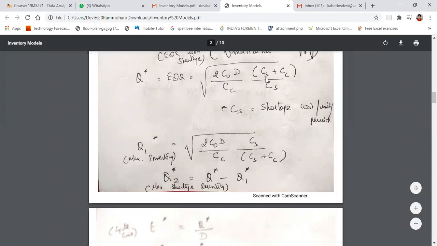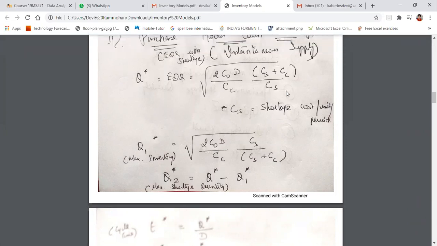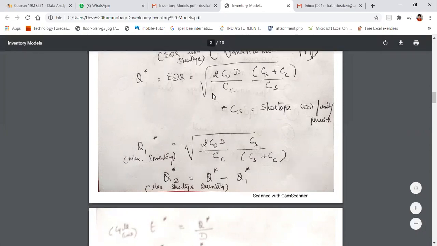The second part is CS plus CC, that is the cost of shortage plus cost of carrying, divided by the cost of shortage. We have to add this component for the calculation of EOQ with shortage. When you simplify all the items given to you into the formula, it becomes easy to calculate the EOQ with shortage.